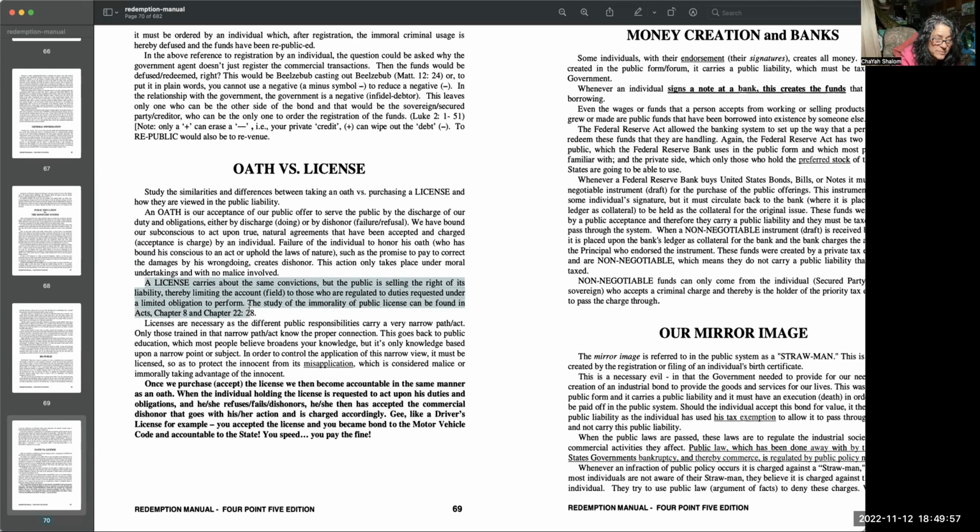The study of the immorality of public license can be found in Acts chapter 8 and chapter 22, verse 28. Licenses are necessary, as the different public responsibilities carry a very narrow path. Only those trained in that narrow path know the proper connection.